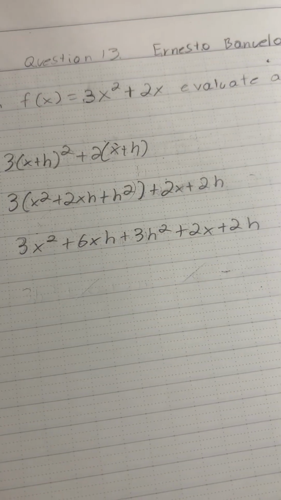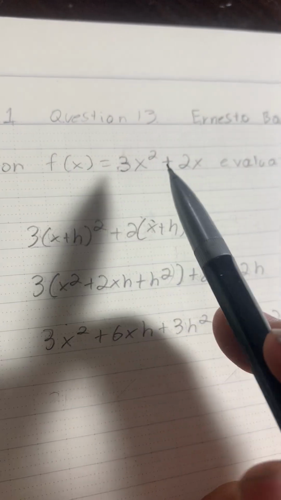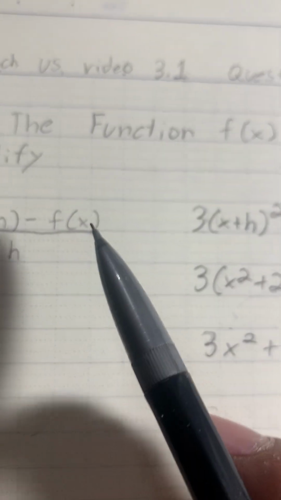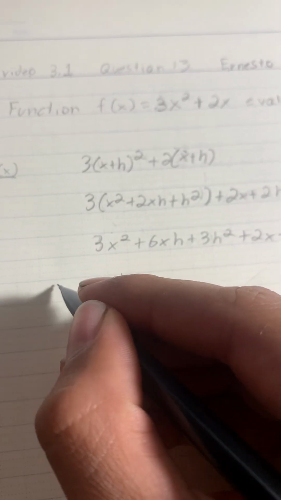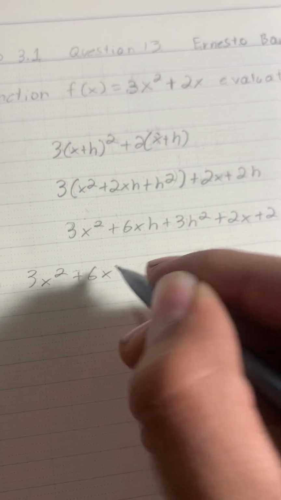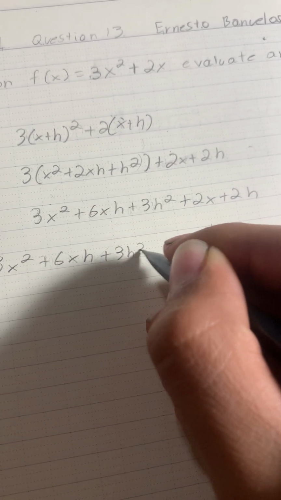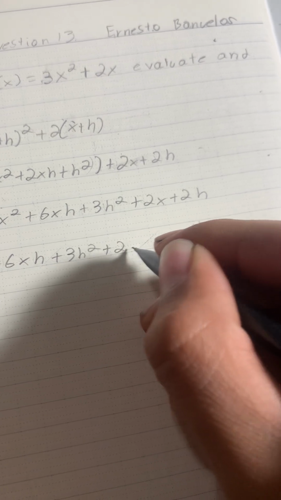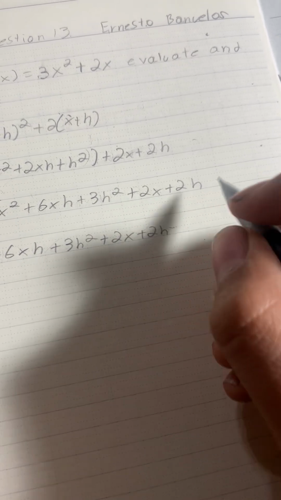Now that we have our first part, we can subtract, because our next step would be minus. So for every x we put x, but that looks a little bit like this: 3x squared plus 6xh plus 3h squared plus 2x plus 2h.